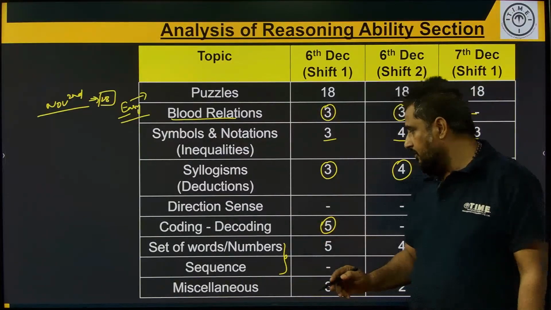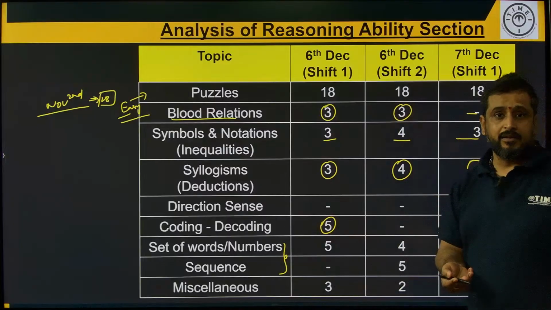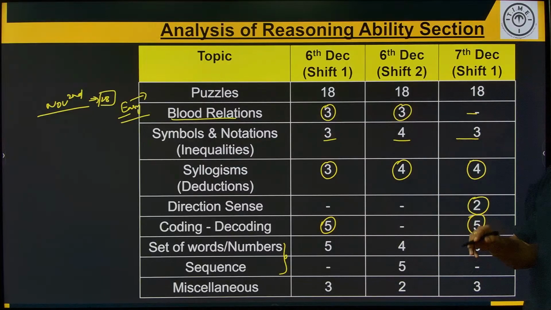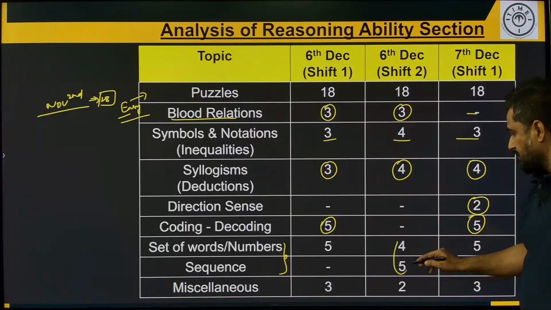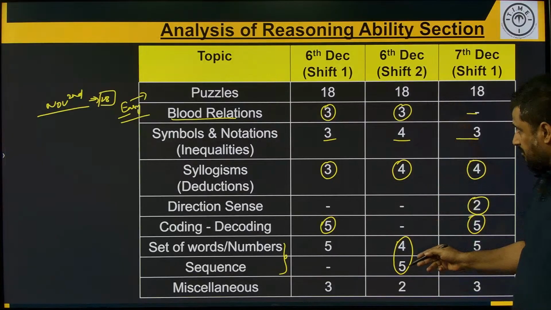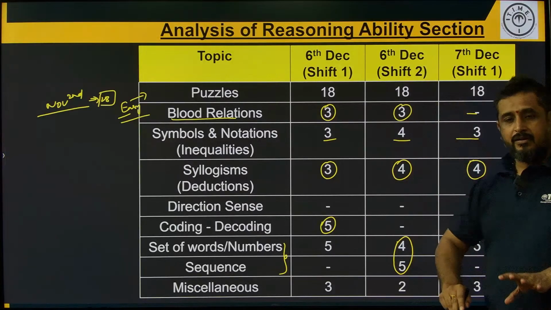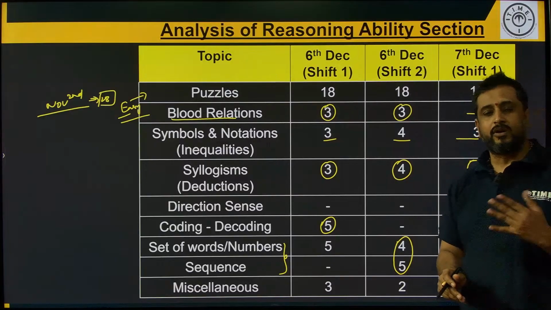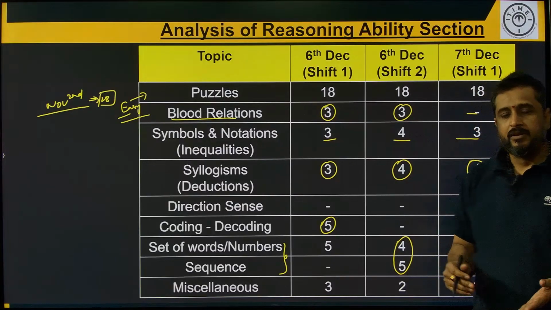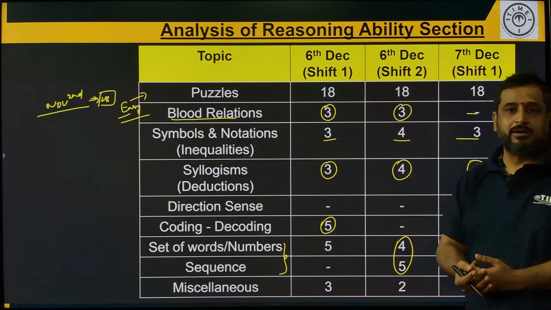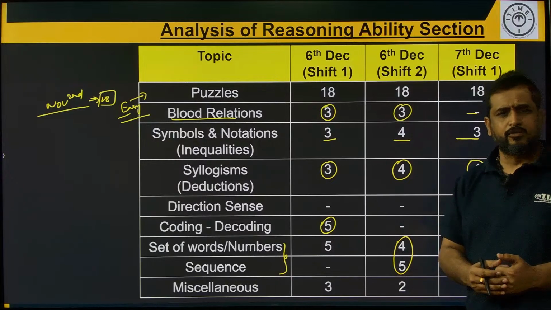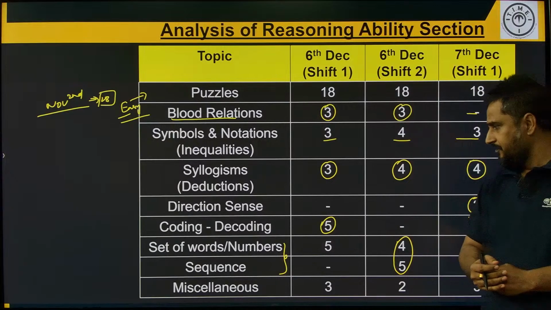Surprisingly, in one of the slots we got questions from the set of words and numbers as well as sequence. So whoever attended this one will definitely have a bit more of an advantage compared to others, because it is a very easy area. Those 9 questions you will be able to complete in less than 3-4 minutes, not more than that. Very easy questions.